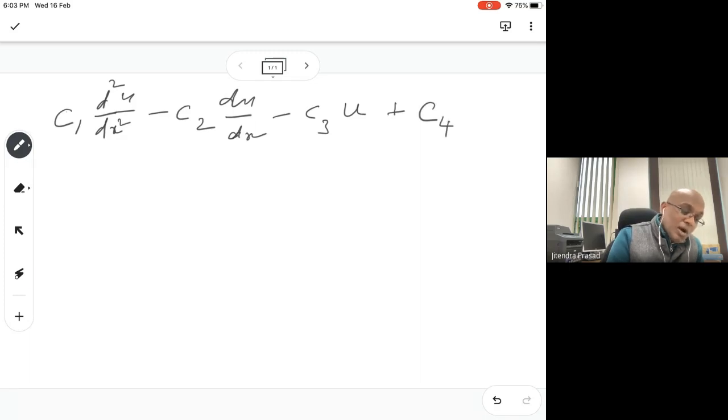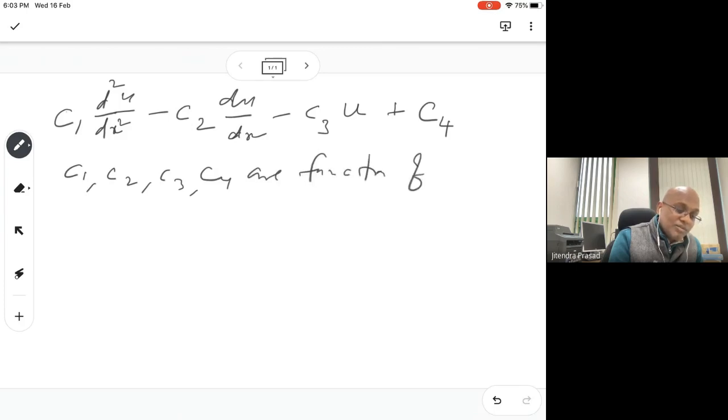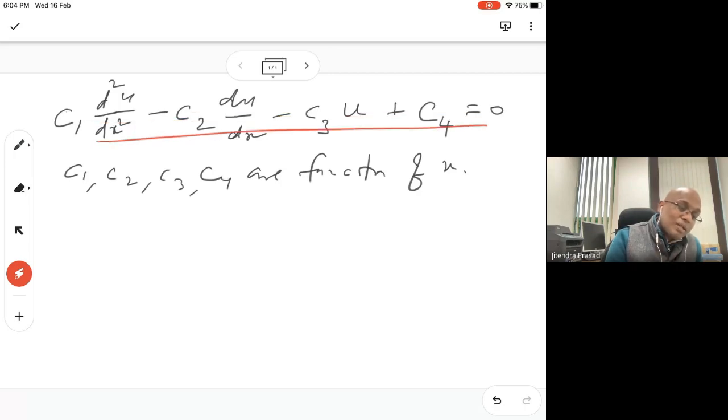All these, C1, C2, C3, C4, can be functions of x in general. So this is equal to 0. This is one example of a differential equation you are given.